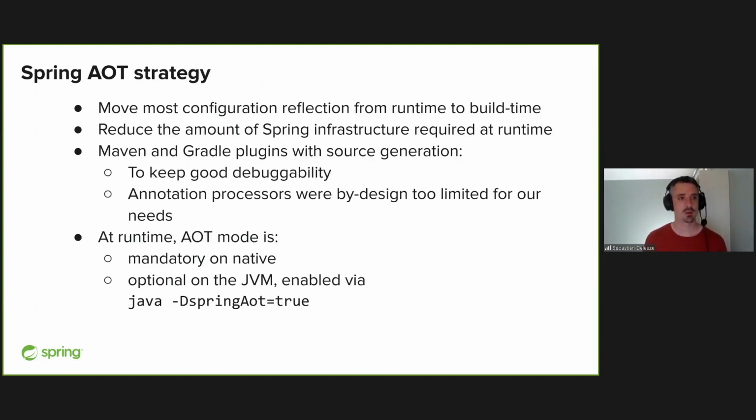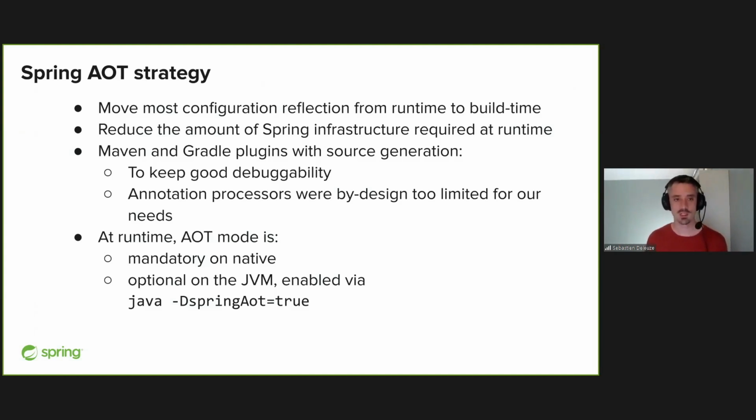So to summarize our Spring ahead of time strategy: move most configuration and reflection from runtime to build time. It's not about removing reflection, because reflection is needed when you are using the annotation-based programming model. It's more about moving reflection from runtime to build time when that's possible.